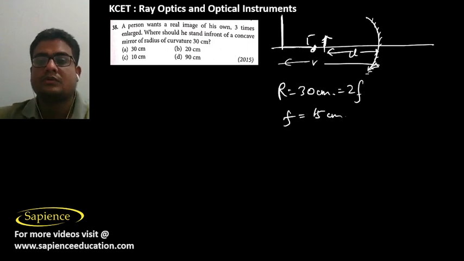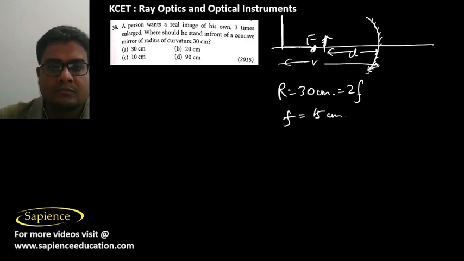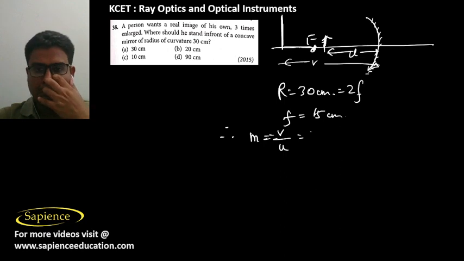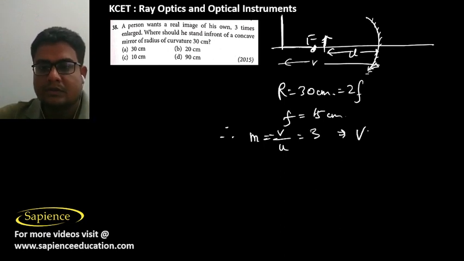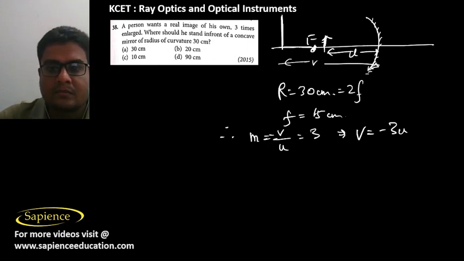And the magnification m, that is minus v by u, that is equal to 3. So v is equal to minus 3. So suppose u, I can take it as minus x, where x is the required answer.